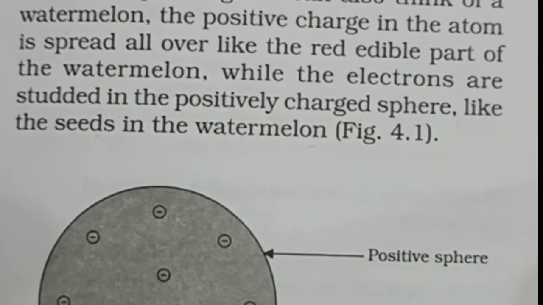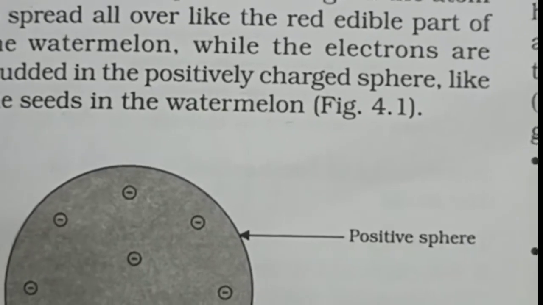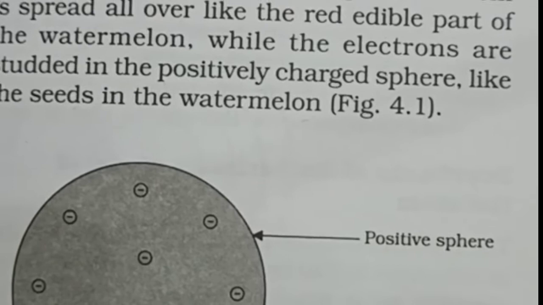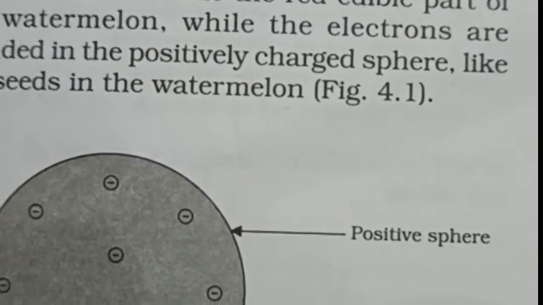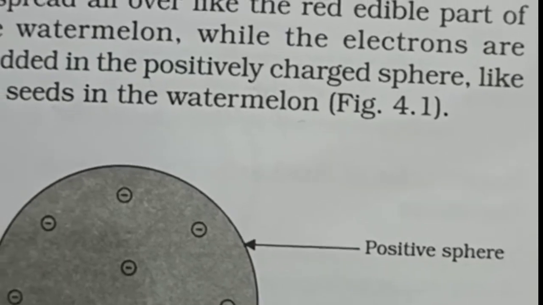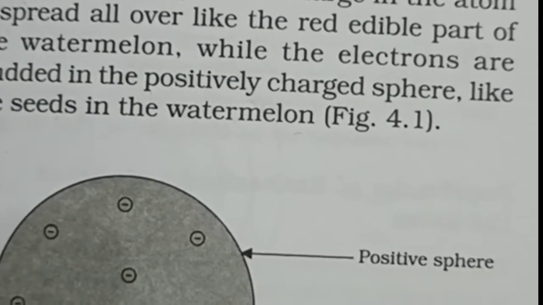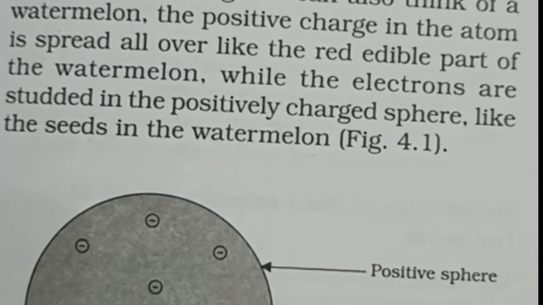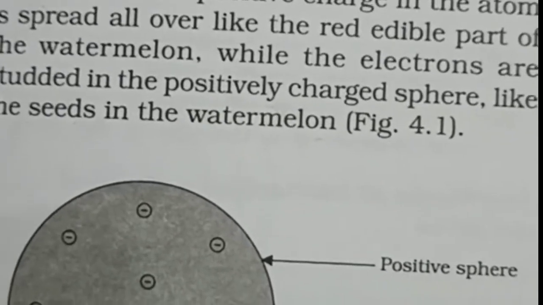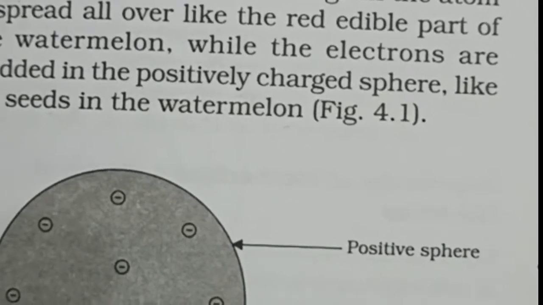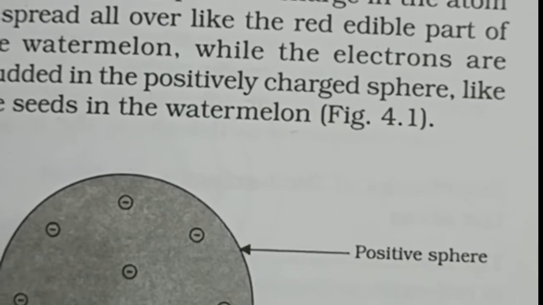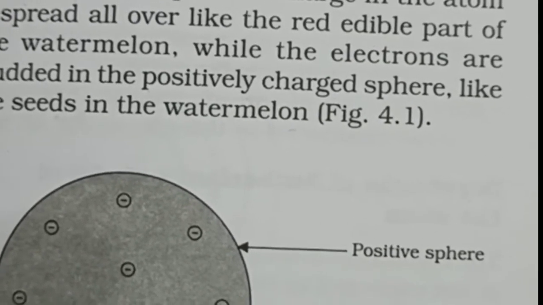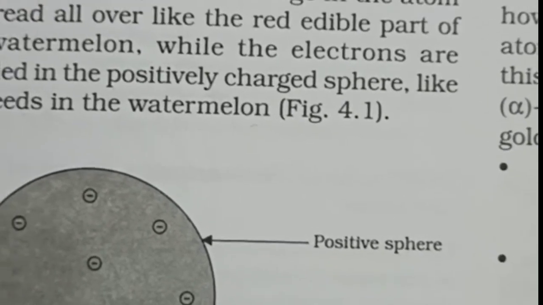J.J. Thomson proposed his model of the atom in 1903. At that time only electrons and protons were known, as we have already seen that the discovery of the proton and electron was done by then.